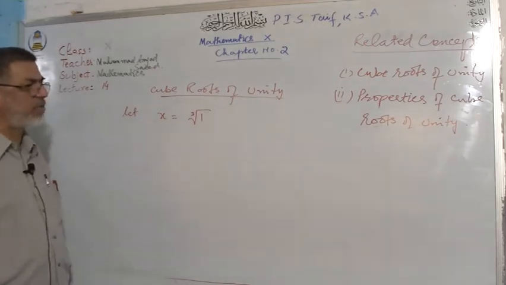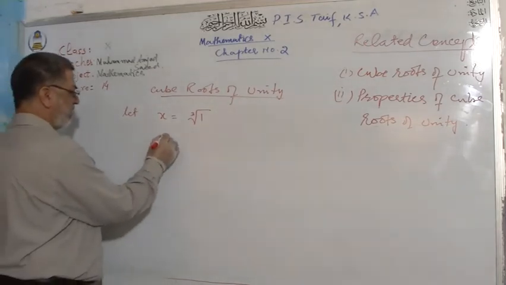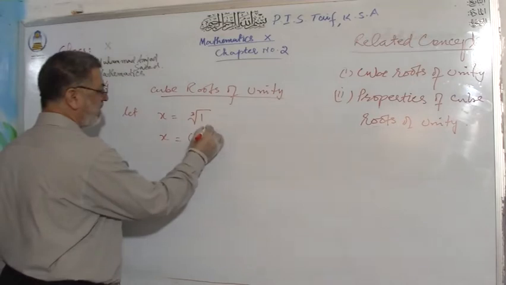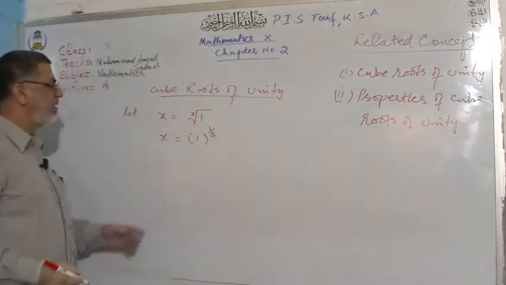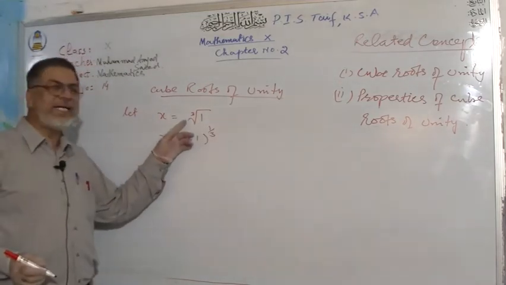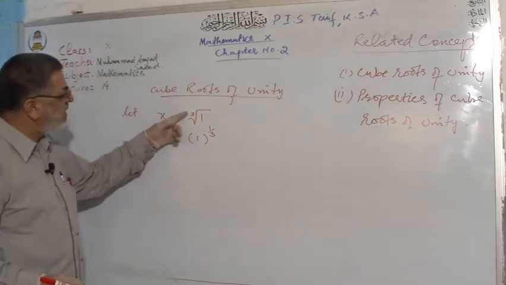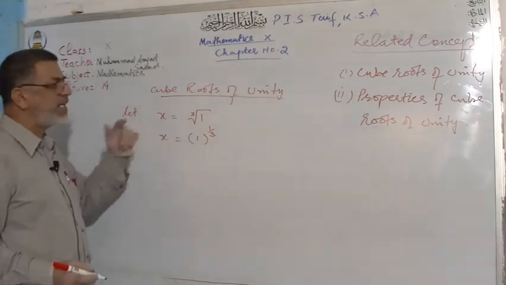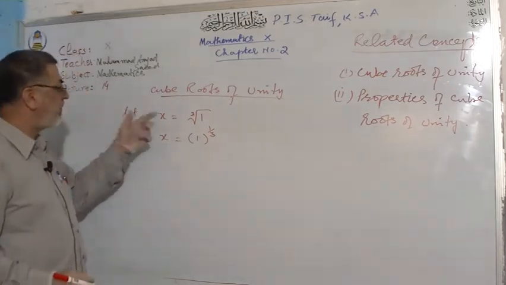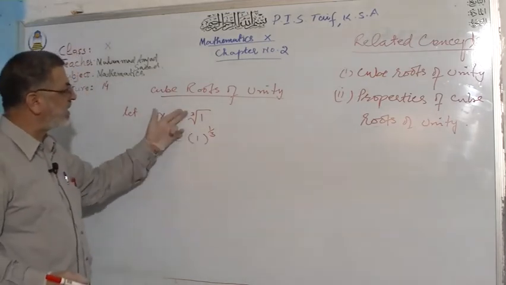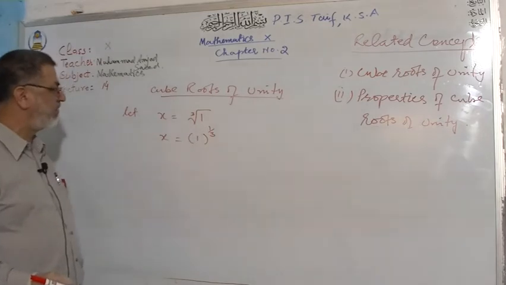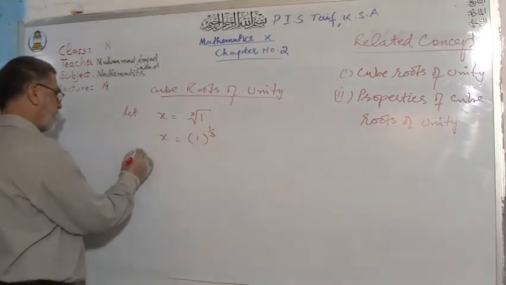Let x be equal to the cube root of 1. Then x is equal to 1 over 3 as a power. The value of the radical sign is 1 over 2, but if the radical index is 3, this is 1 over 3. If the index is 5, it is 1 over 5. Numerical value.